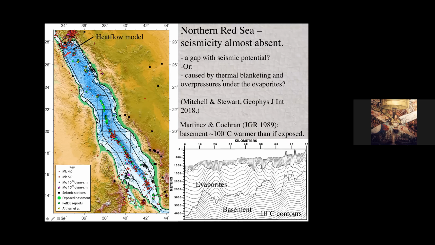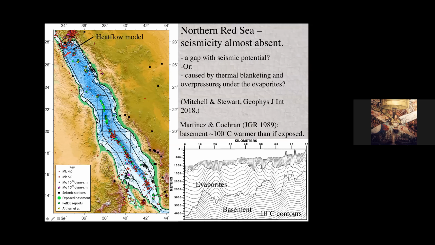Ian Stewart and I suggested that there are possibly two effects. One is thermal blanketing. Fernando Martinez and Jim Cochran modeled the heat flow along this line, and it suggests that the basement temperature would be about 100 degrees C higher than you would expect otherwise.